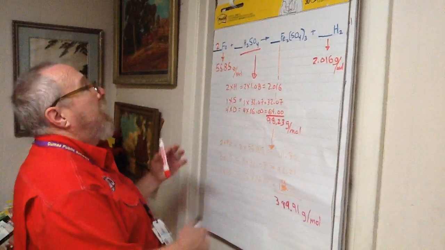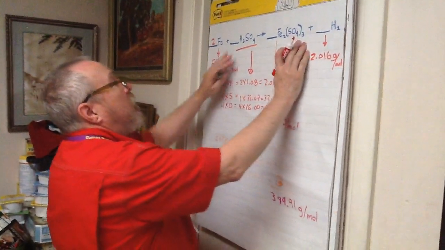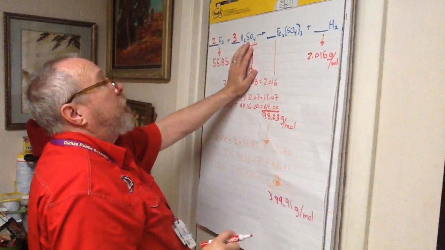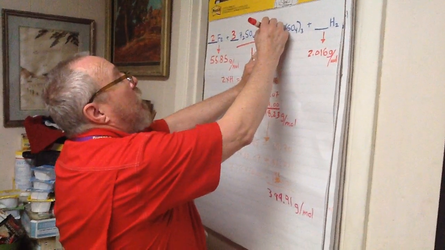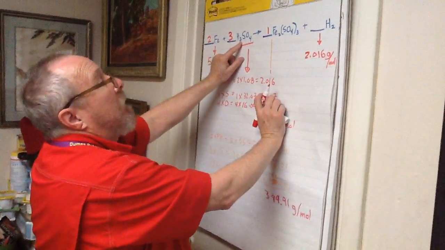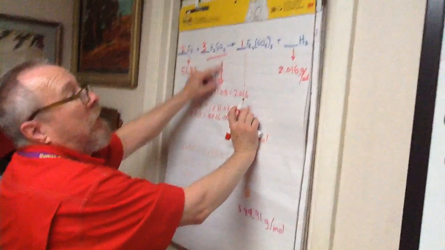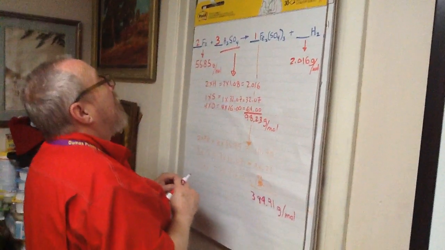But I knew that I need 3 of these sulfates, so let me try 3 of those sulfuric acids. Now that would result in 1 of these, but look what I have. 6 hydrogen atoms. But it wouldn't be 6, would it?